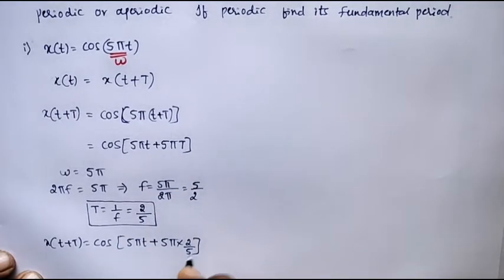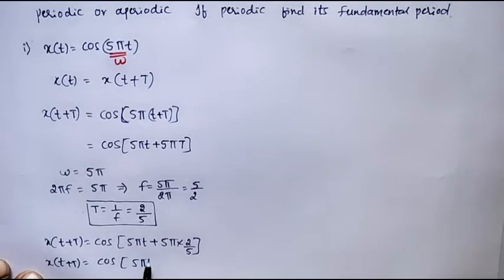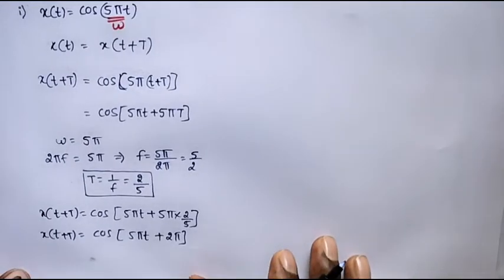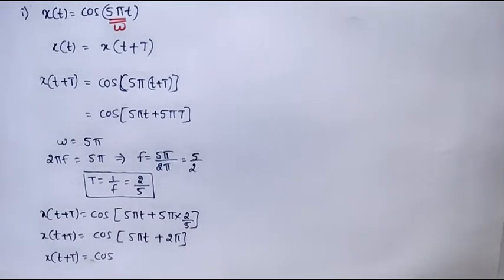Simplifying, phi u will get cancelled and we will get 2 pi. We know that cos theta plus 2 pi is nothing but cos theta.